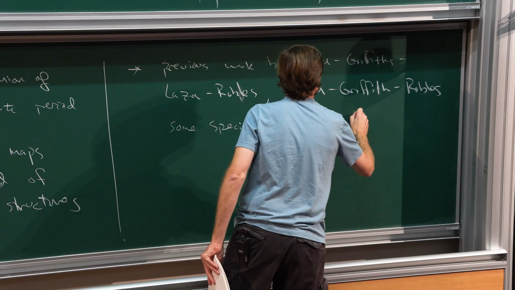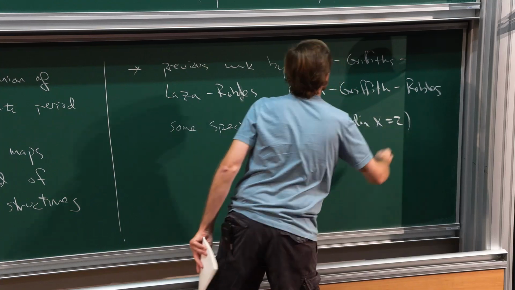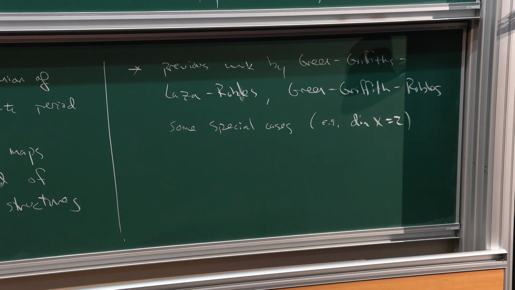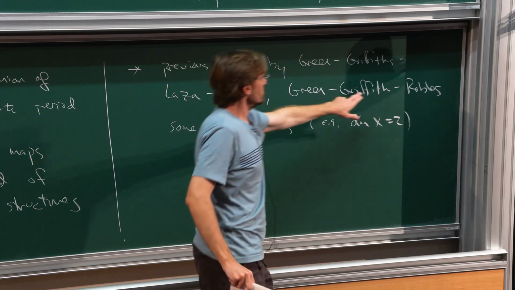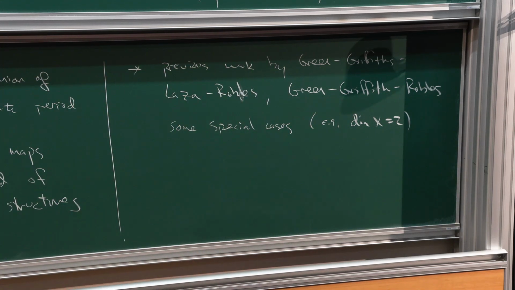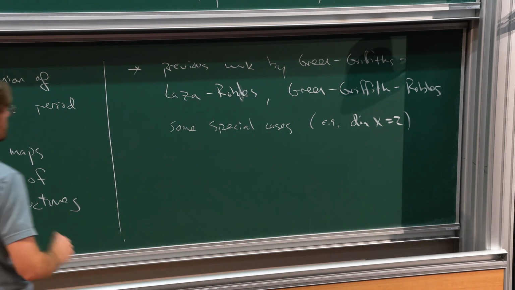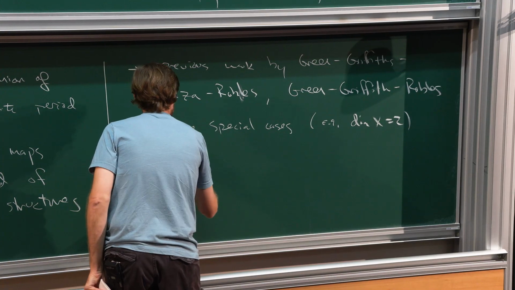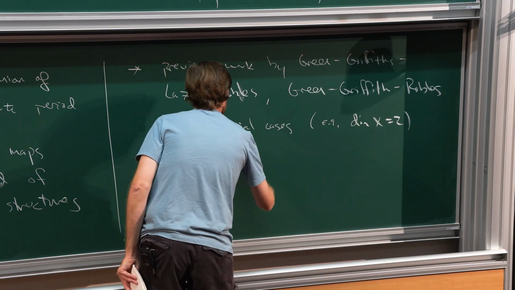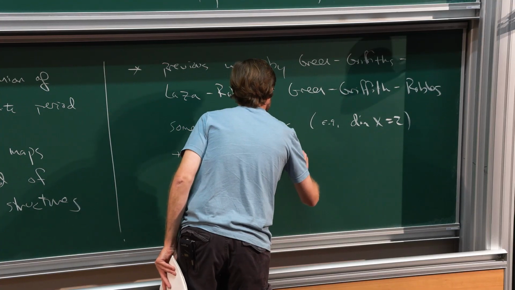In particular, this second paper, the Green, Griffiths, Robles paper, proves something that's an important ingredient in the proof of the general statement, plus GGR prove an important ingredient.